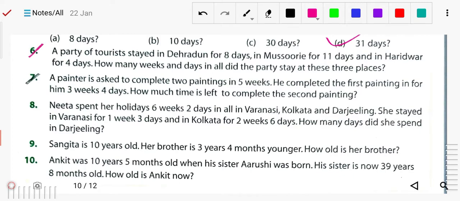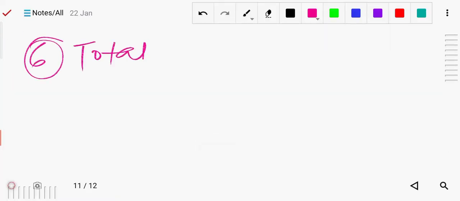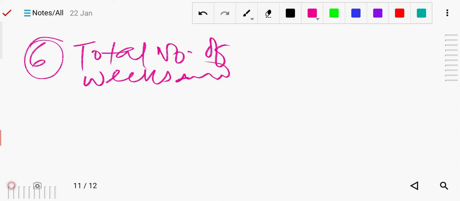Next question number 6. A party of tourists stay in Dehradun for 8 days, Mysore for 11 days, and Haridwar for 4 days. How many weeks and days did the party spend in all these places? Means you have to add all the given days. So you can write total number of weeks and days equals to.